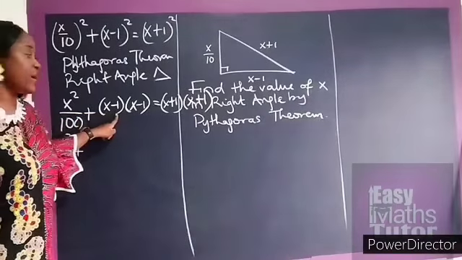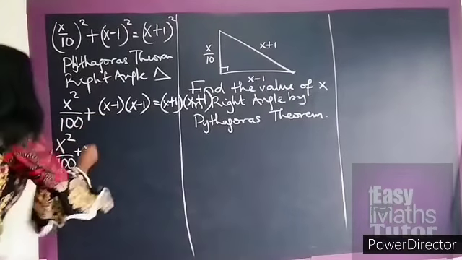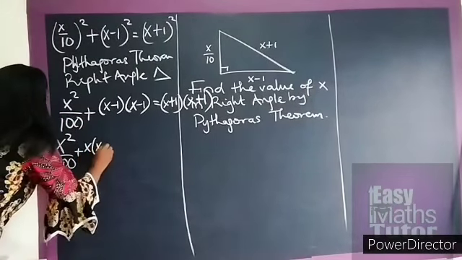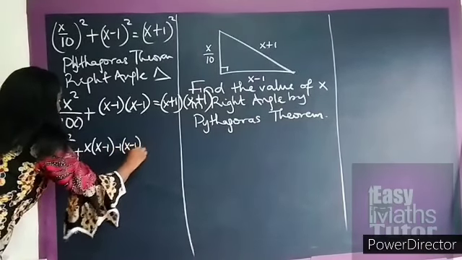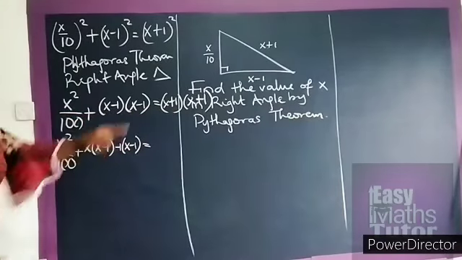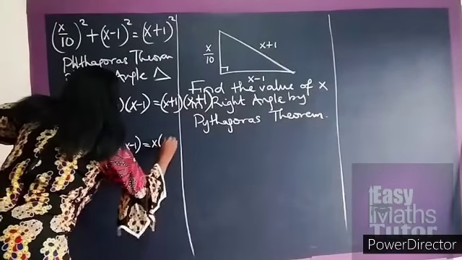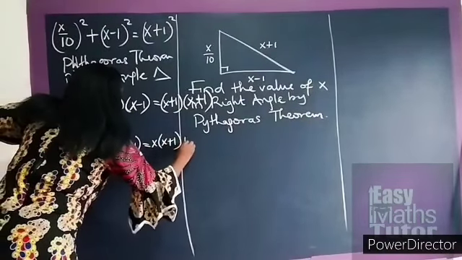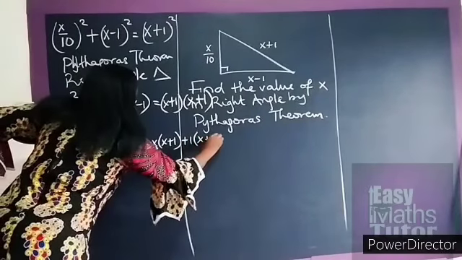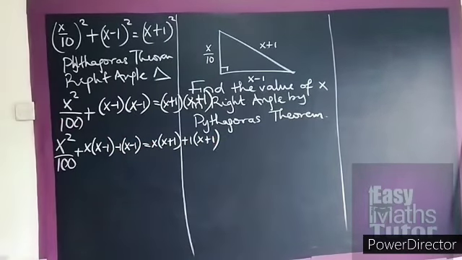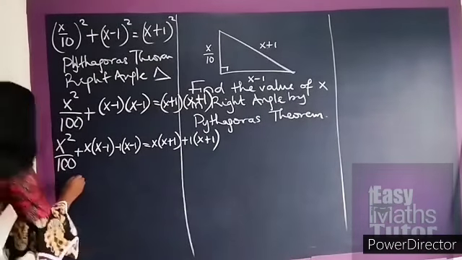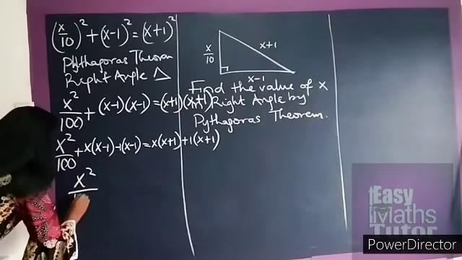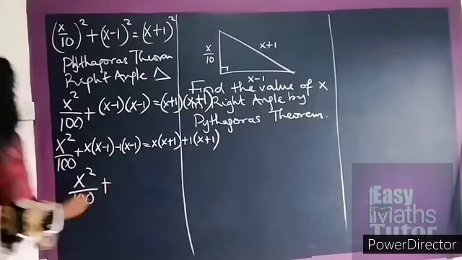Now we're going to open up this bracket. So we have x times x minus 1 and minus 1 times x minus 1. We also open this other bracket. We have x plus 1 plus 1 times x plus 1. Alright? I hope you're following what I'm doing. So we have x squared over 100 plus.